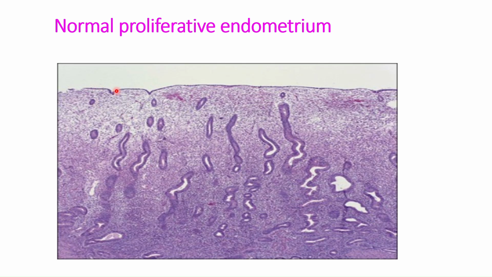See here, this is the surface epithelium. This is the stratum functionalis, and this is the basal layer. Here you can see these glands are regularly spaced and they are perpendicular to the surface epithelium and to the basalis layer.